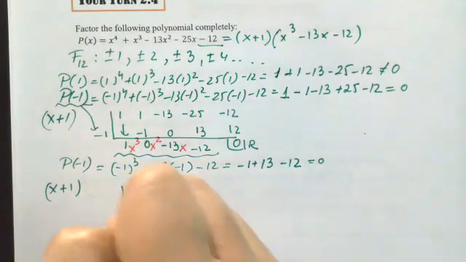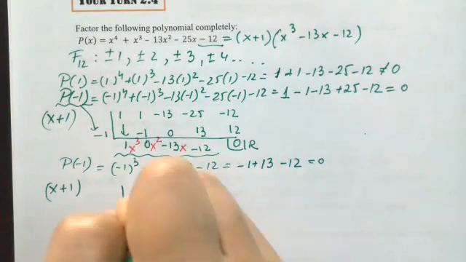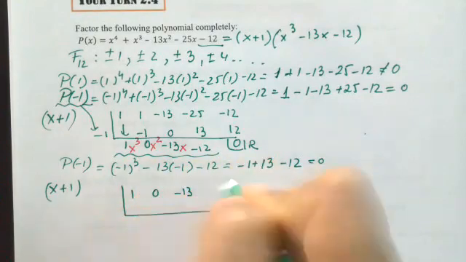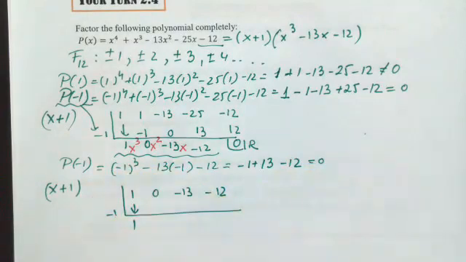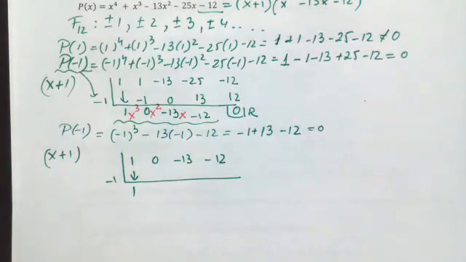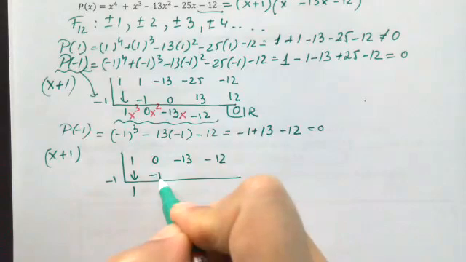So then we're going to go to synthetic division: 1, 0, -13, -12, and -1. And get a quadratic quotient, right? Because now we have a cubic divided by a linear. It's going to give us a quadratic. -1 times 1 is -1.